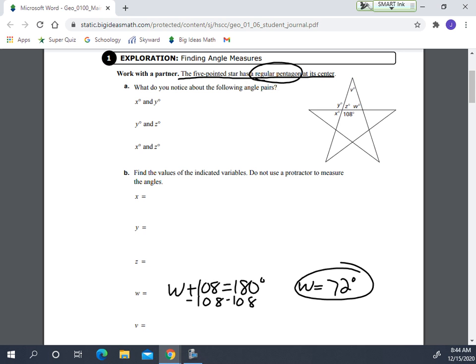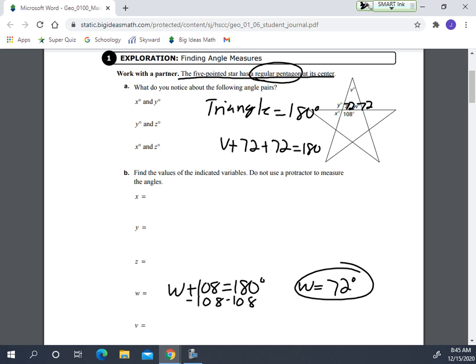well, if Z is 72 and W is 72, we know that the measure of a triangle, so I'm going to write this here, a triangle is equal to 180 degrees. We know that the interior angles of a triangle add up to 180 degrees. So V plus 72 plus 72 is equal to 180.